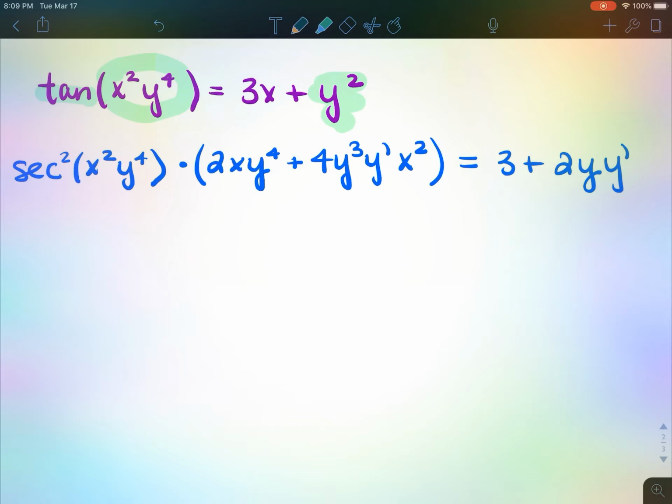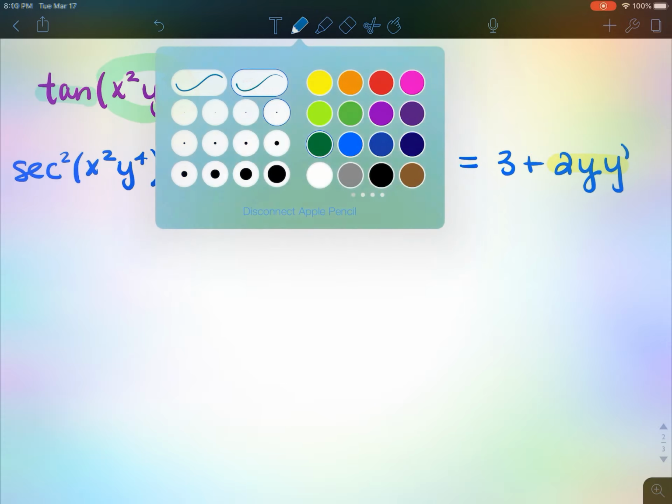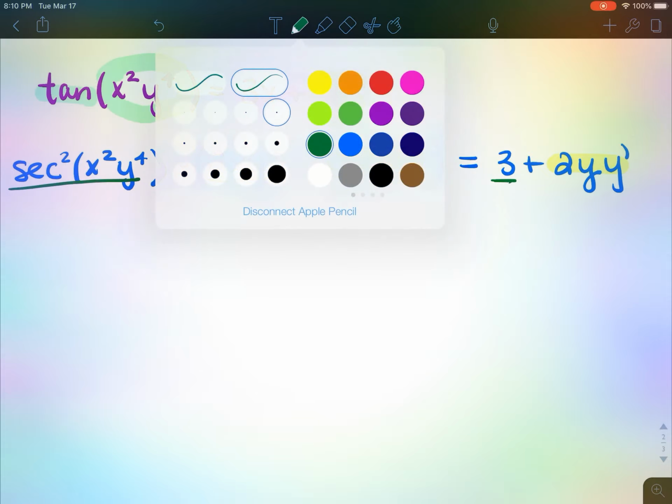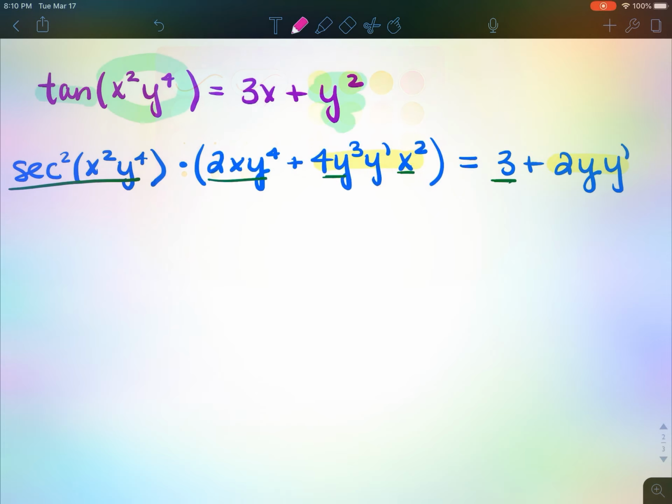So now the goal is to get this thing here with this thing here on one side of the equation, and on the other side this stuff together, and then we're going to move out whatever here isn't y prime. The best way to do that in my opinion is to distribute this ugly thing you have out front.